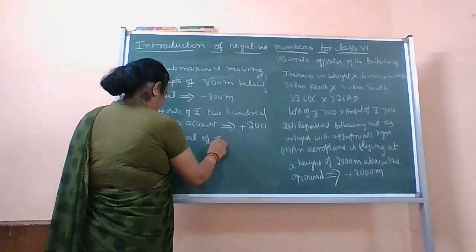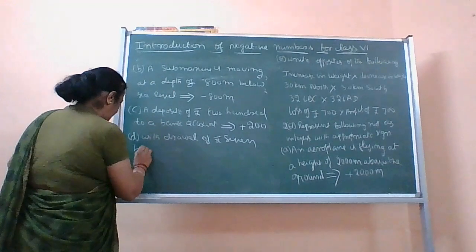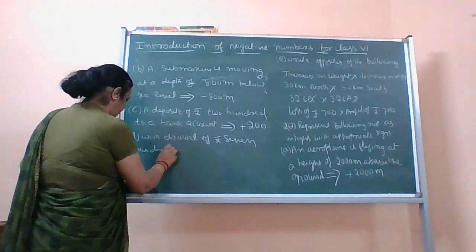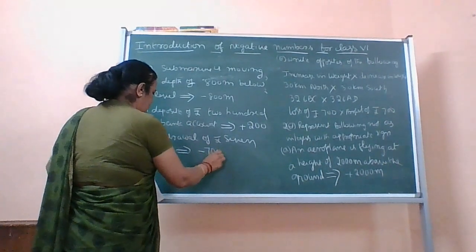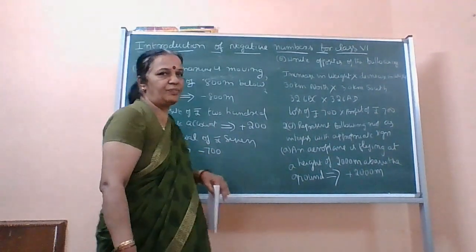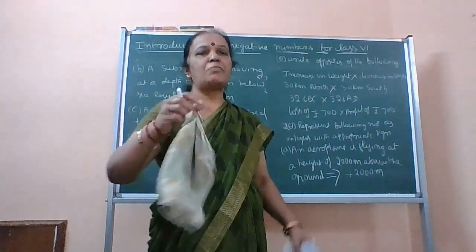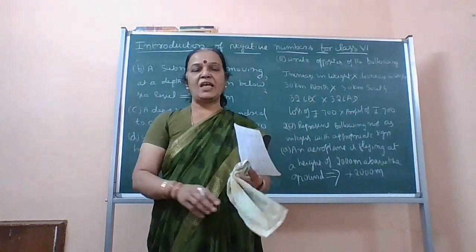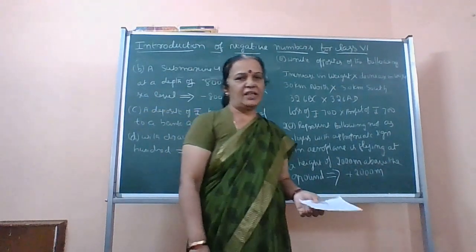Withdrawal of rupees 700 is represented by minus 700. That means putting money in the bank is plus and taking out money from the bank is minus.